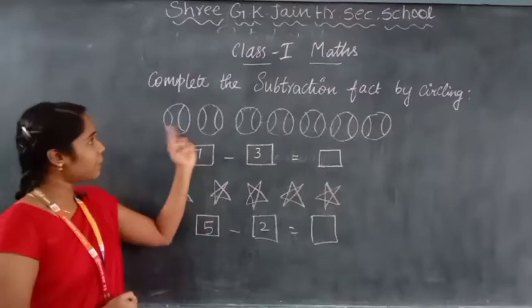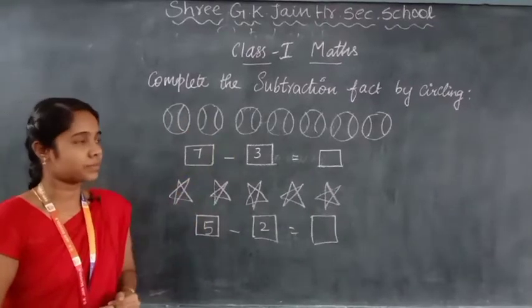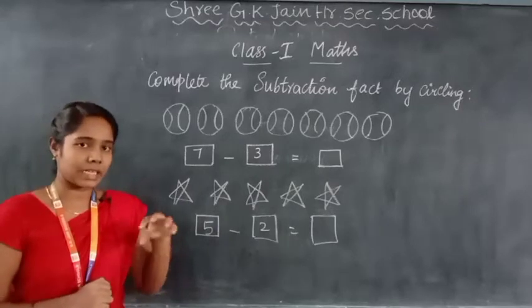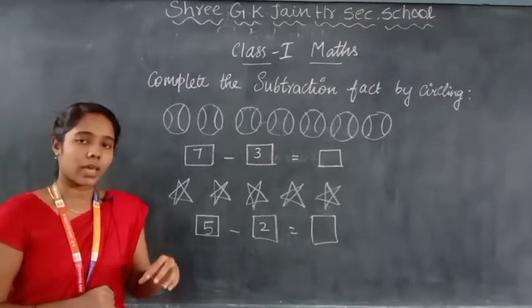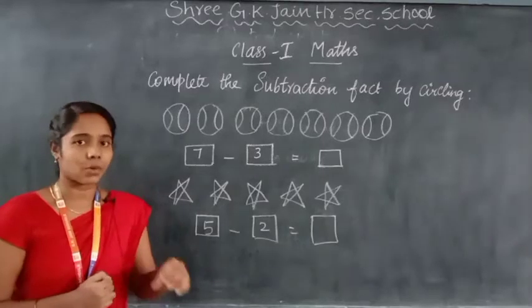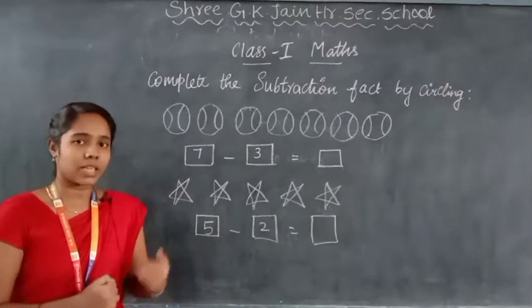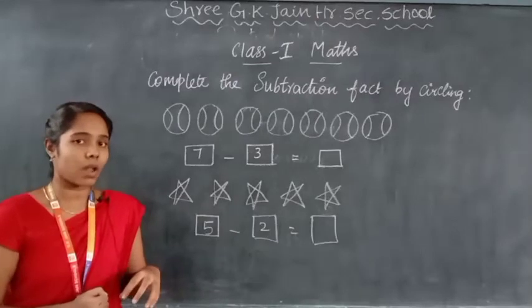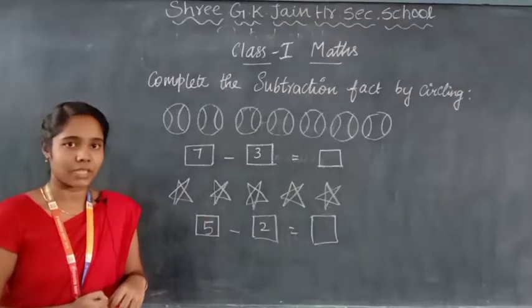Complete the subtraction fact by circling. We know what subtraction is. One thing is already there, and someone or something is going to take away some of the things from it. The remaining, what is left, is called the answer for the subtraction, right children?